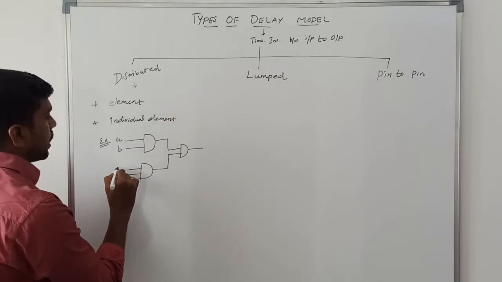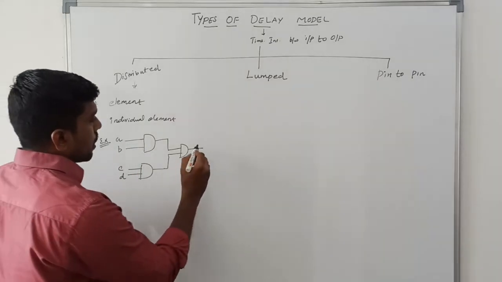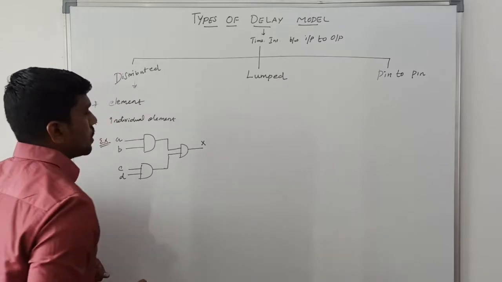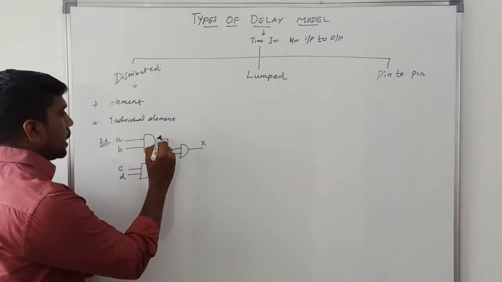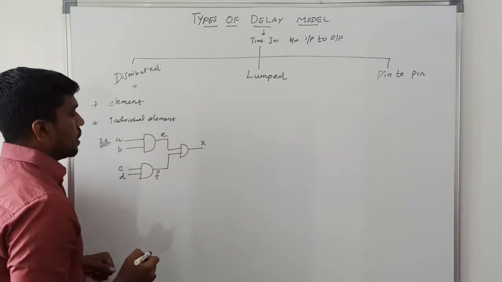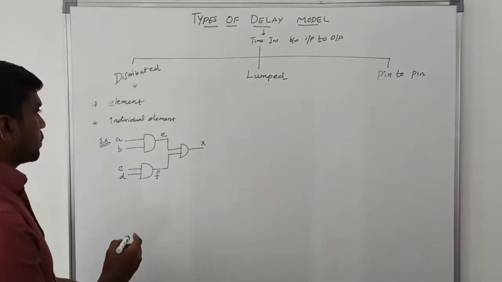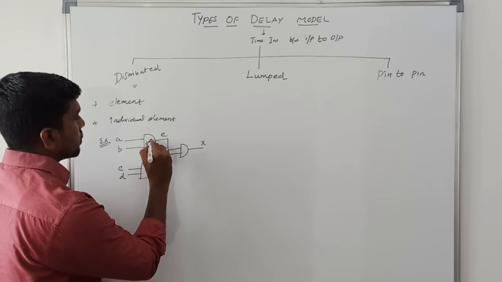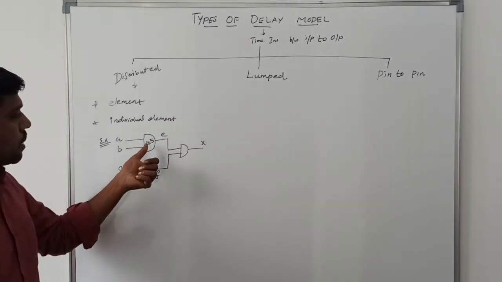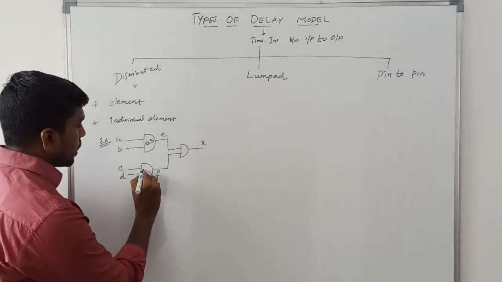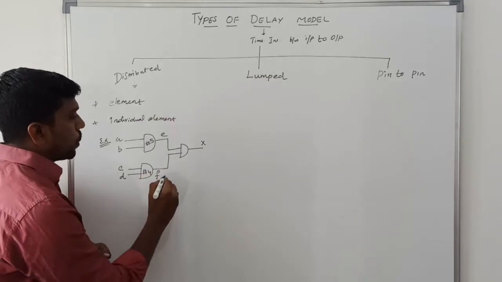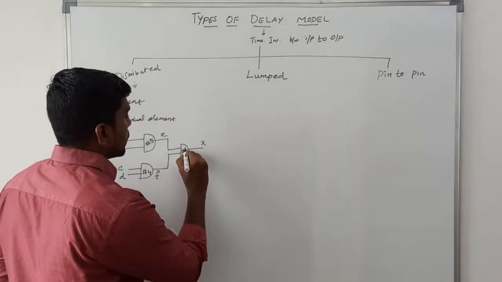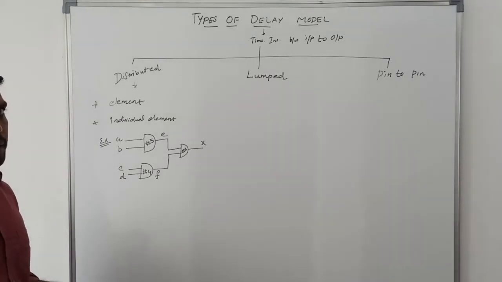You assign the input values A, B, C, D, and output is X. X is the output, E and F are the internal nets. First you assign the delay for the first element. The first element delay is 5, second element delay is 4, third element delay is 3.